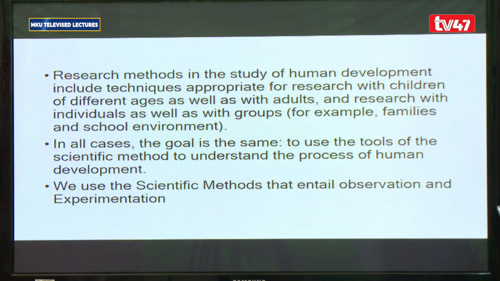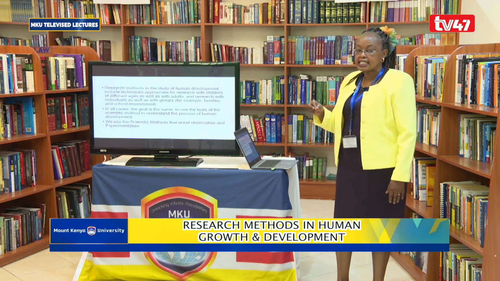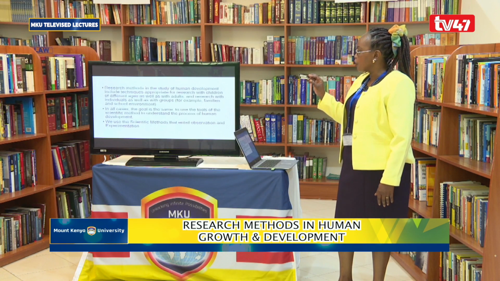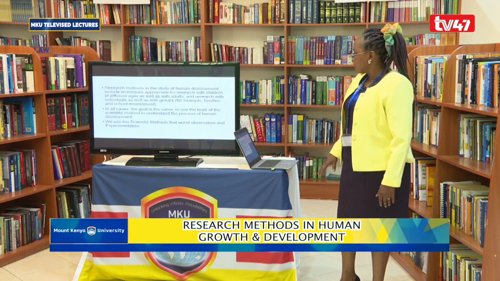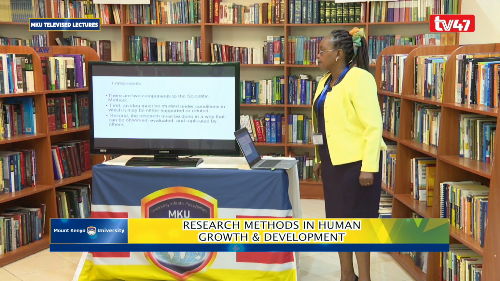You can also observe a student performing poorly in your subject, posting low grades, not able to do assignments, making noise every other time. So you want to research and get to know what is the root cause. And that's why we are calling upon the use of scientific method that entails observation and experimentation.